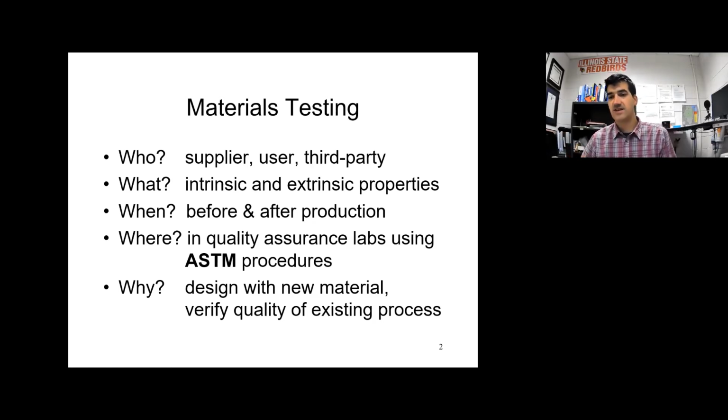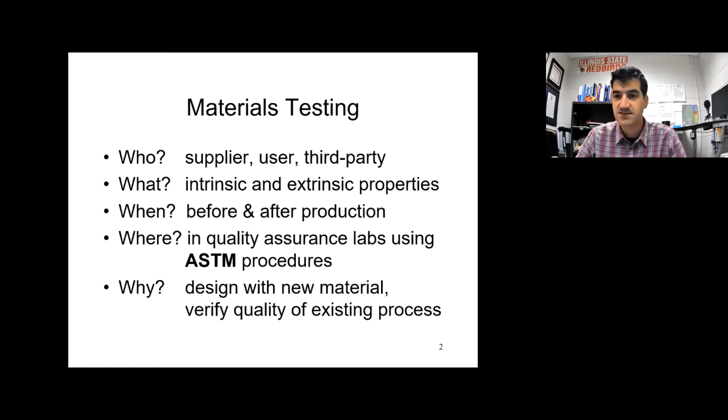That way it's impartial and there's no accusations of doing the test incorrectly to skew the results one way or the other. So oftentimes either the supplier or the user will send the material to a third party test lab. There are a number of these throughout the country, and they will do the testing themselves.